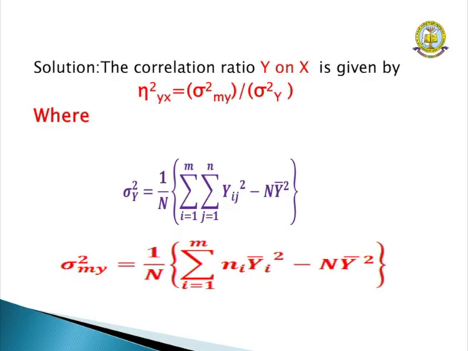Sigma square my is equal to 1 by n into summing over i takes values 1 to m of ni into yi bar whole square minus n into y bar whole square. Now, which values do you need to calculate according to this? We need to find the n value, then the sigma square y value and the sigma square my value. So, making use of the above two formulas, we need to calculate the appropriate values.